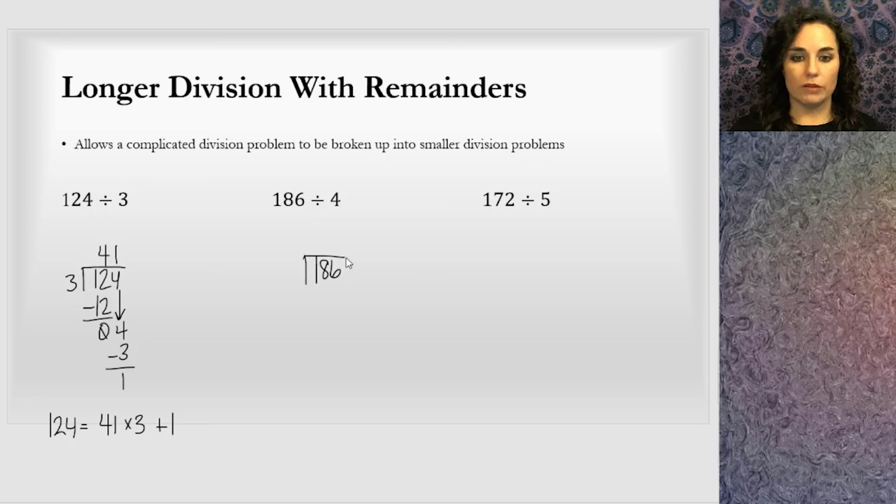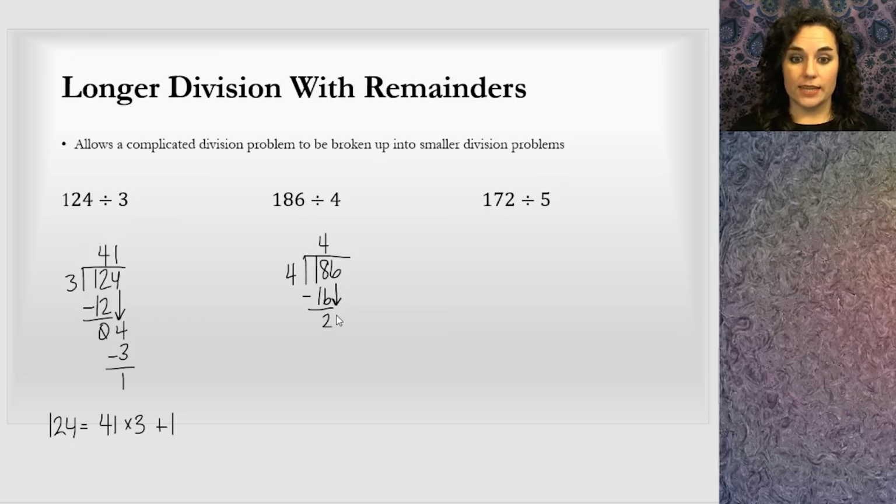186 divided by 4. I ask myself, how many times does 4 go into 1? It doesn't, so I'll consider the two numbers. How many times does 4 go evenly into 18? 4 goes evenly into 16. 4 times 4 is 16, and I have a remainder of 2. 18 minus 16 is 2.